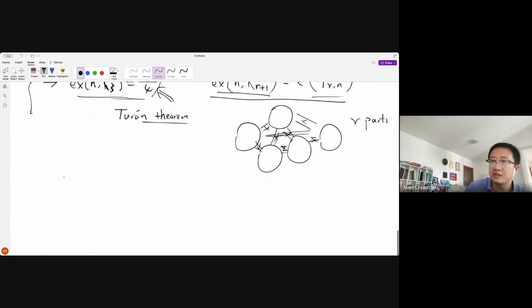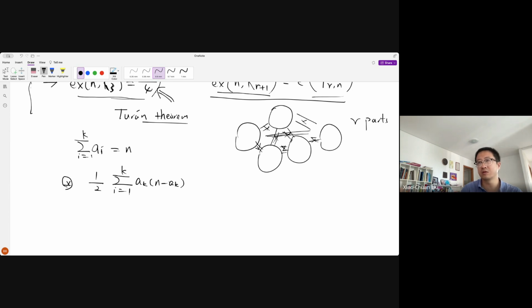So this expression star is the edge number, 1/2 times the sum over i from 1 to k of ai times (n minus ai), right? So this is the edge number. And there is a hidden condition that the sum of all ai, i from 1 to k, is n. Okay, so this is the total vertex number.